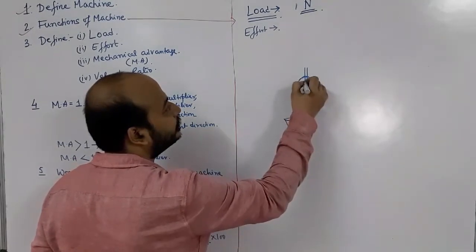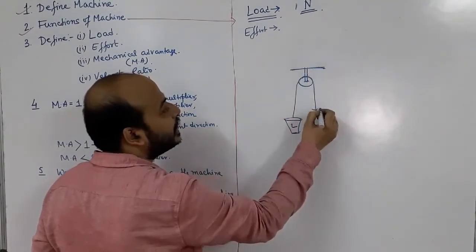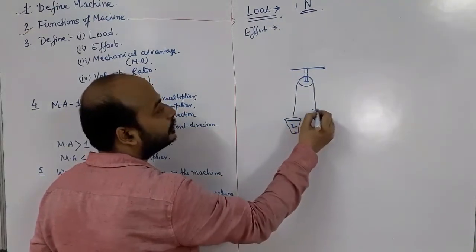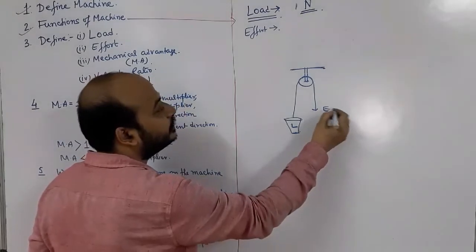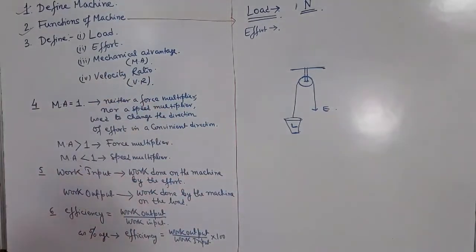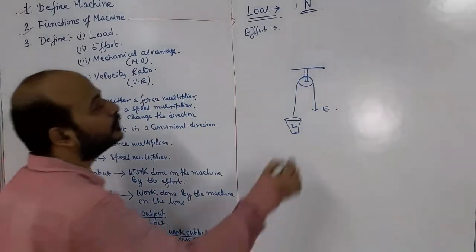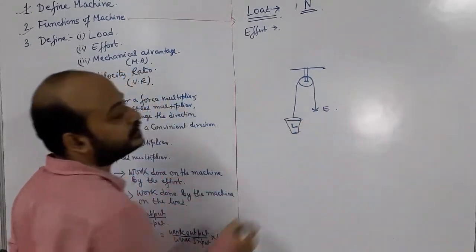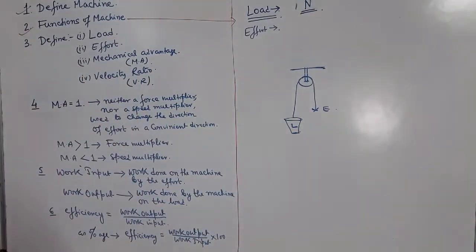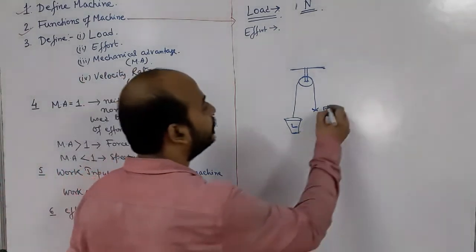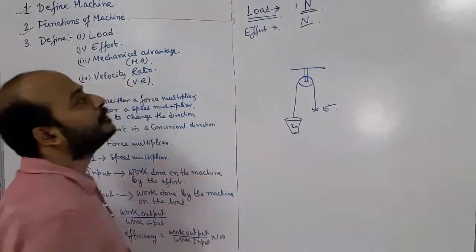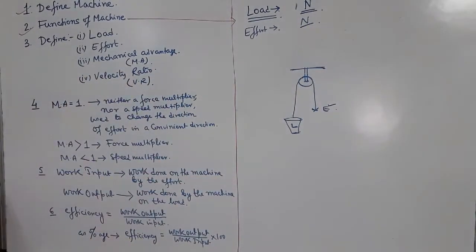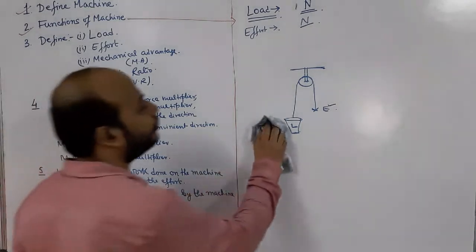So this is the pulley. This is the load, and the force that we are applying to lift the bucket is called effort. The force which is needed to overcome the load by using the machine is called effort. The SI unit of effort is also naturally Newton. Okay, understand? So this is about load and effort.